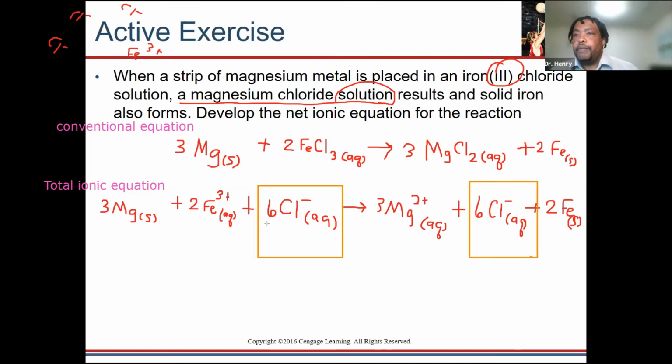Look at the magnesium. Does this magnesium have a charge associated with it? No, it doesn't. But this one does. Are they exactly the same? No. This iron has a charge associated with it. Does this iron over here? No. They're not exactly the same. So these would be my spectators.